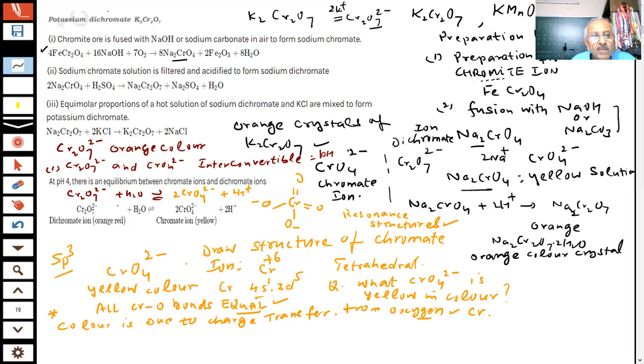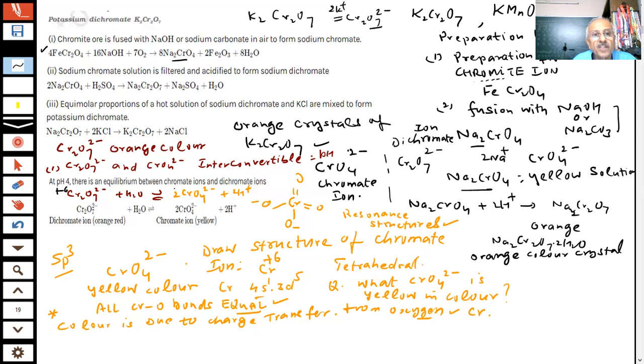Important point to note: what is the oxidation state of chromium here? Plus 6. What is the oxidation state of chromium in Cr2O7 2 minus? 2x minus 14 is equal to minus 2, so 2x is minus 2 plus 14, which is plus 6 only.